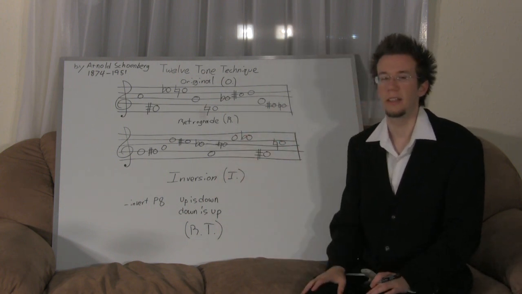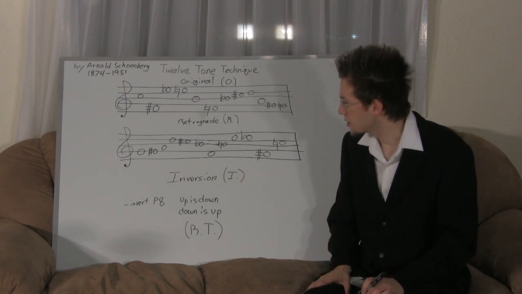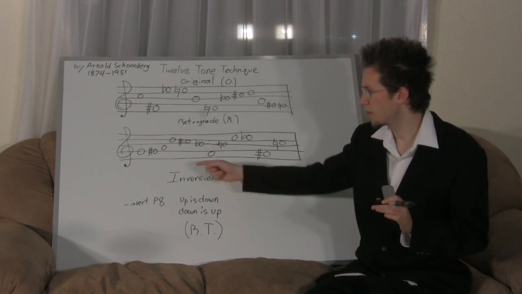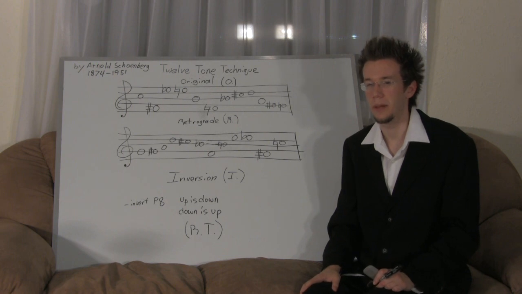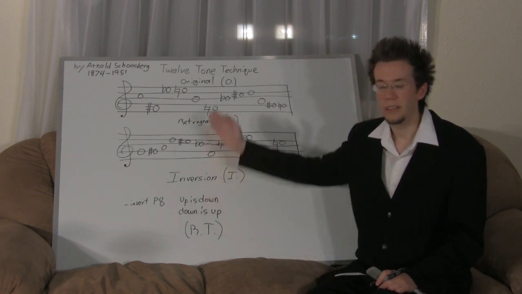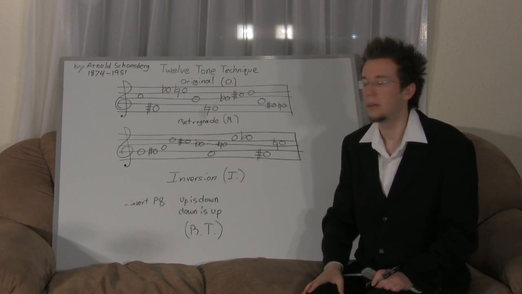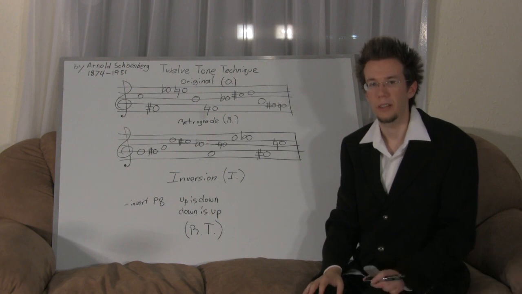Now, inversion, that can get a little bit more complicated. So I'll explain this. What you want to do for inversion is you're going to invert everything. You'll take your original, and you're going to invert it. So you would move, say, this C down a perfect octave.